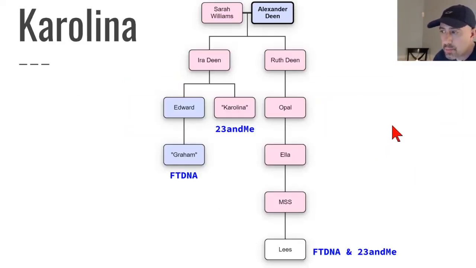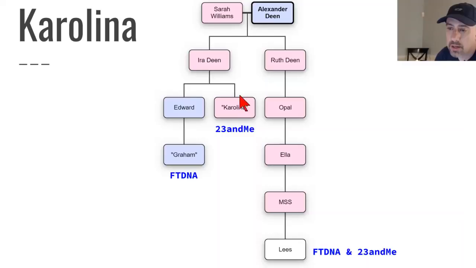Moving on, another important match at 23andMe is Karolina. Again, when Graham popped up, I started looking at my Dean matches at 23andMe, and I compared notes, and I found that Graham and Karolina appear to share a nephew-aunt relationship.